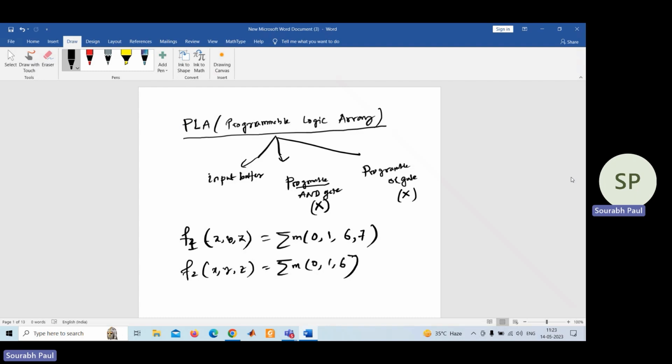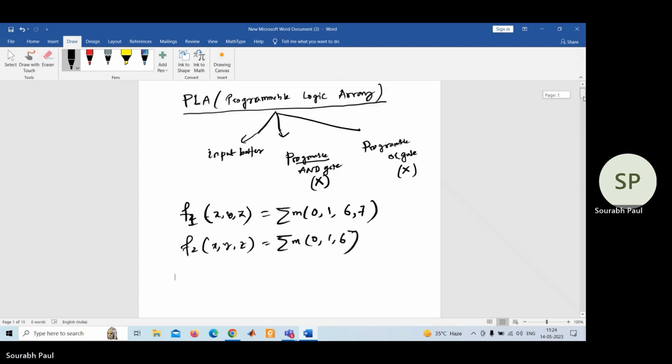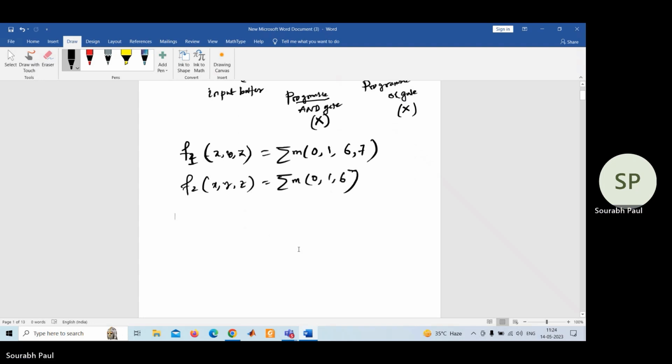Now, the first step you need to follow, step number 1, is to minimize the function by using K-map.